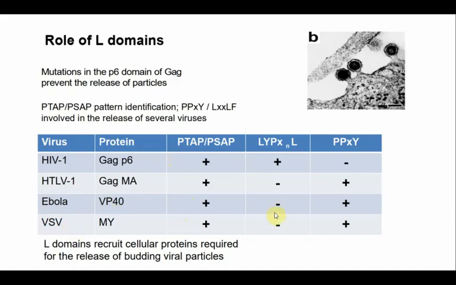All of these different enveloped viruses have what are called L domains, for liberation of the virus particle. And their function is they're essential for the very, very last step. It's like nipping off of the bud here.